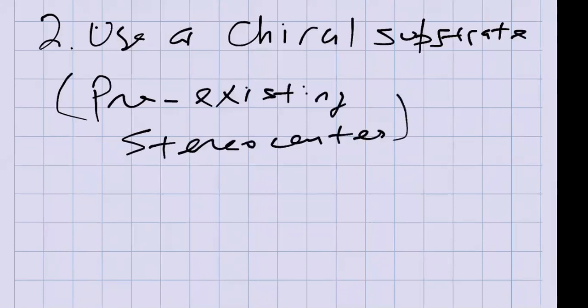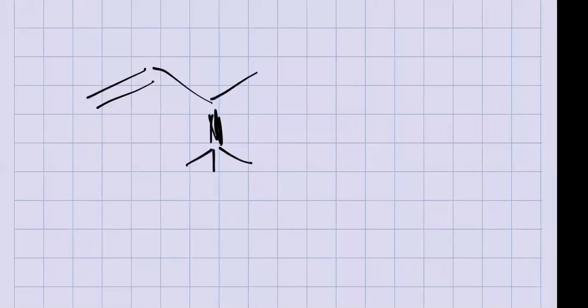So if I took something like, let's see, I put a tert-butyl group here, right? So that's a chiral center that's present.